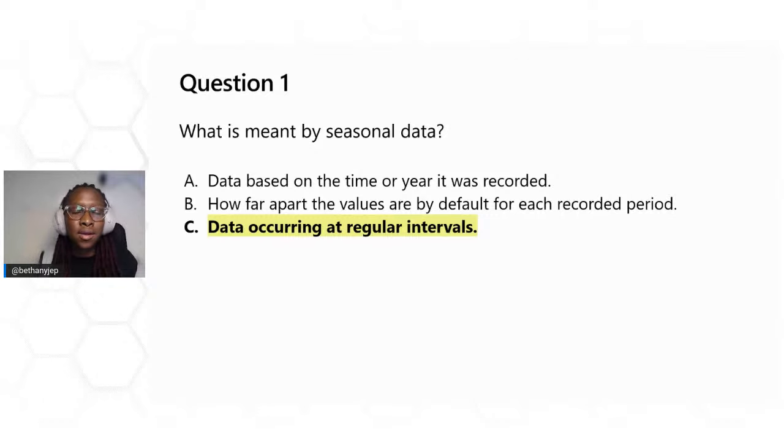For example, with seasons we have the normal weather patterns that we experience. Depending on where you're from, you might experience summer, winter, fall, and spring. All those are seasonal. So seasonal data is something that occurs at regular intervals, and you can see the pattern in the data.